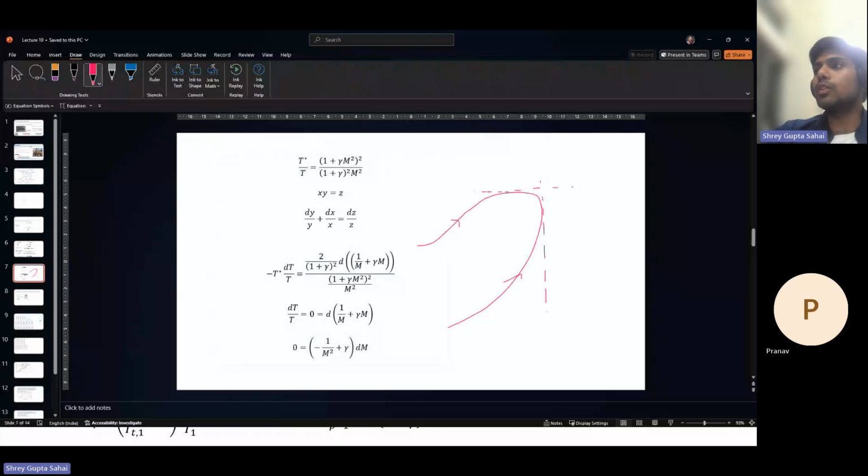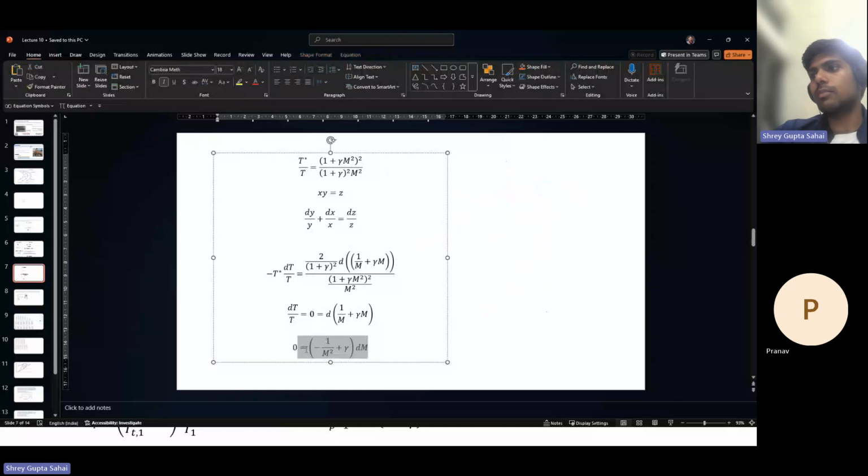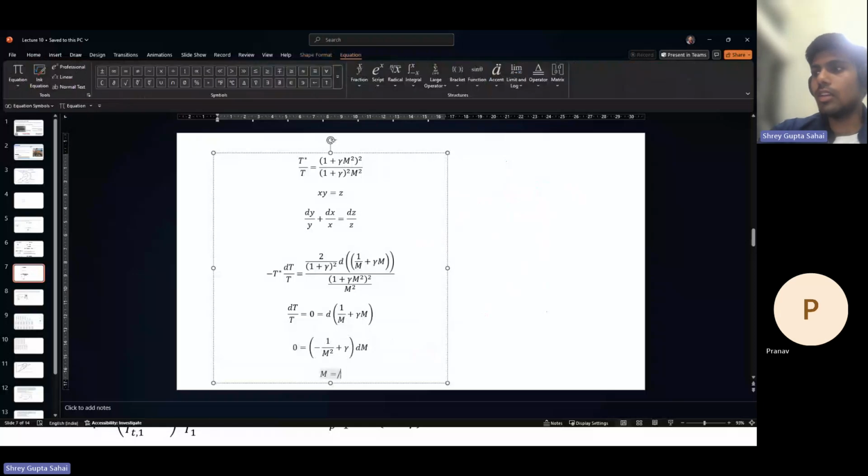That is something we know by intuition, and we'll have to do additional derivations to show that. But we know at least one thing, that dM is not 0 there. Mach number is supposed to change there, right? Because Mach number is not approaching 1, supposedly. So if we suppose that, then this expression has to be 0, and that will imply that Mach number should be equal to 1 by root gamma.